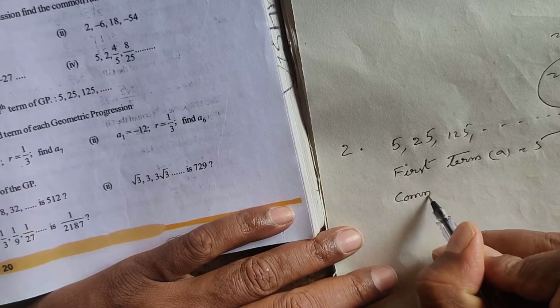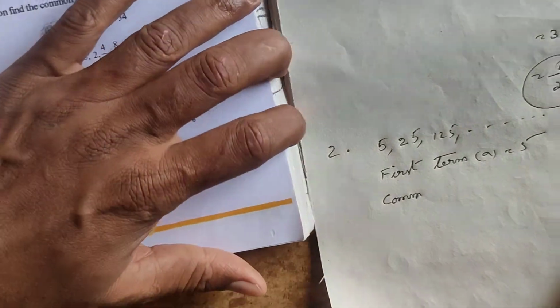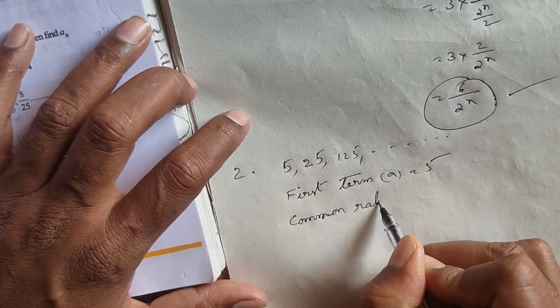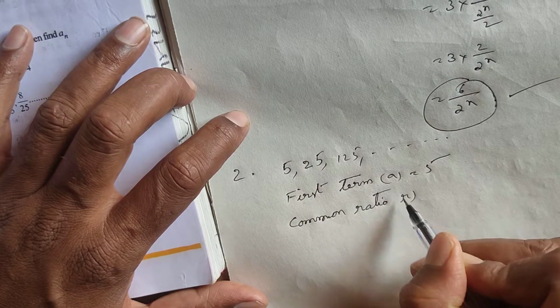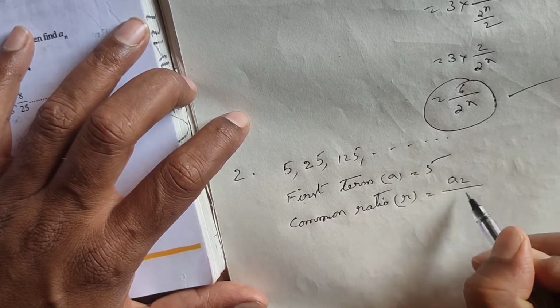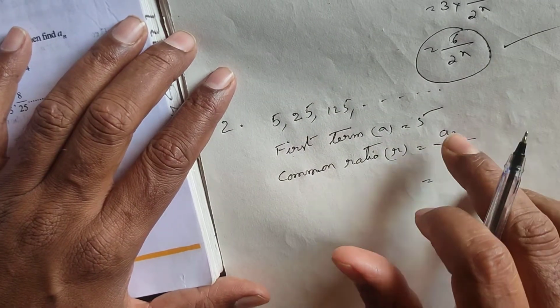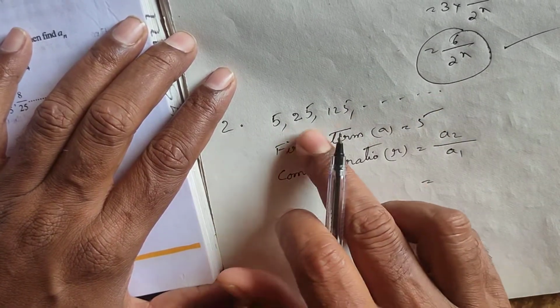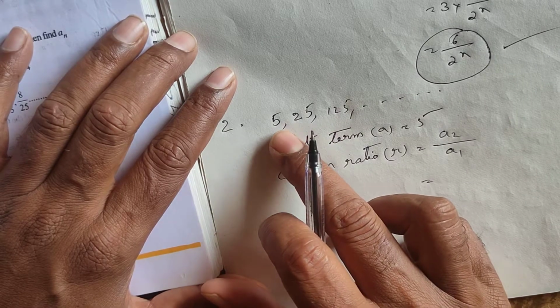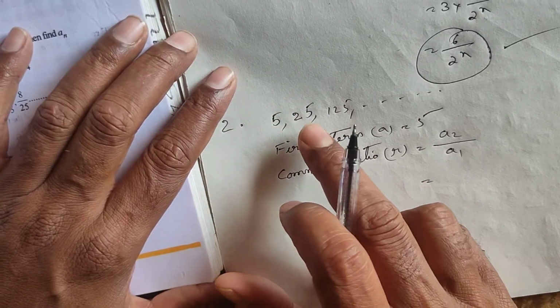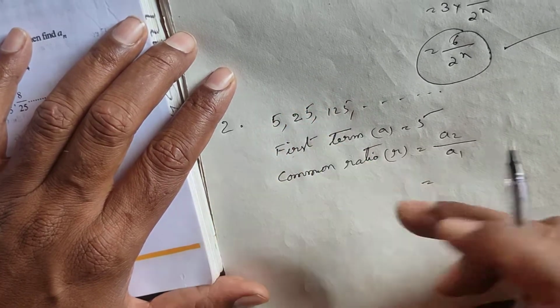Common ratio should be represented with r, and the formula for common ratio is a2 divided by a1. a2 means the second term in the progression. This is the progression; a comma separates the terms. 5 comma, 5 is called the first term. 25 comma, 25 is the second term.